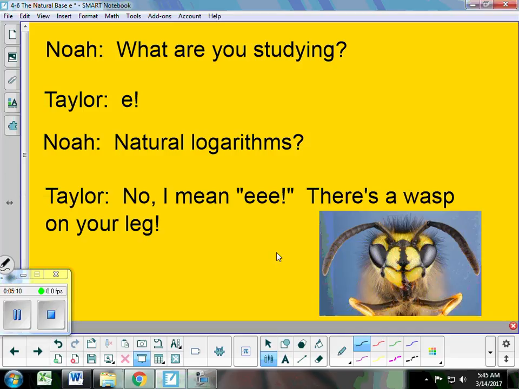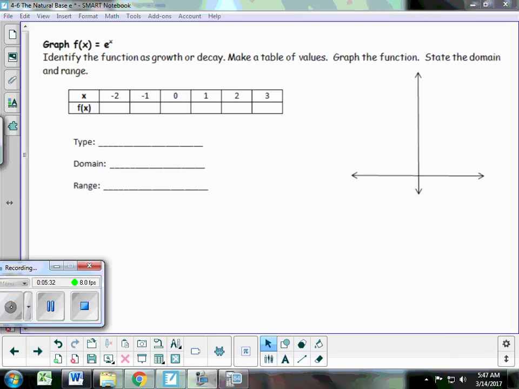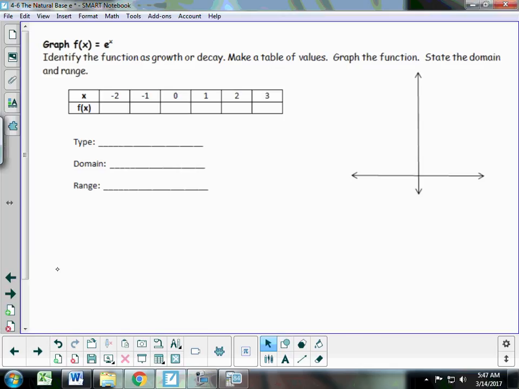But yes, we are learning E, and it does have this connection with natural logarithms. We'll talk about that as we go. But first off, let's look at graphing this function e to the x power. So we have a table, and if you look on your calculator, you'll see a button that has an E on it. It doesn't have to be a graphing calculator.